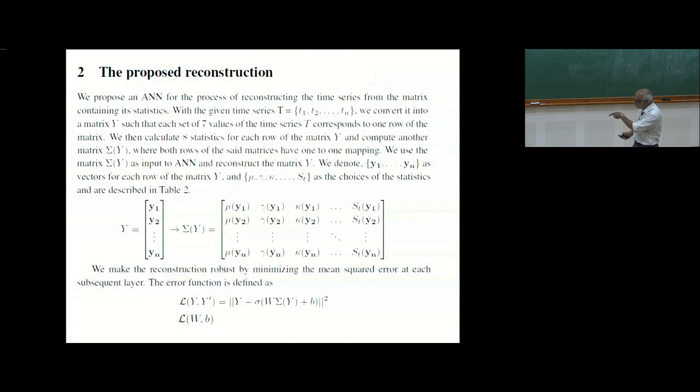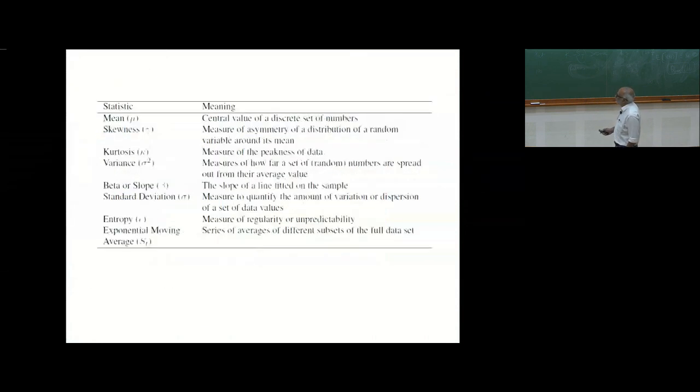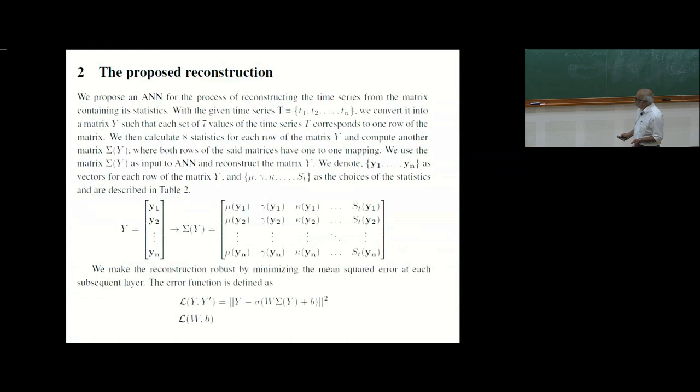It contains these statistics, about 7 or 8 of them: means, skewness, kurtosis, variance, and all this stuff. So you take the time series, put in these values of the statistics, and find a w and b such that this is minimized.